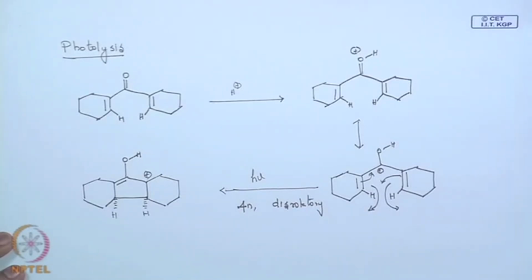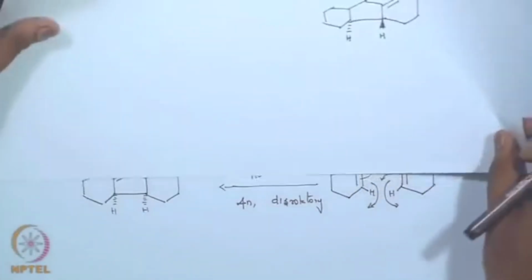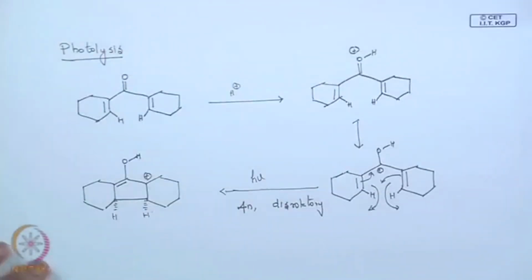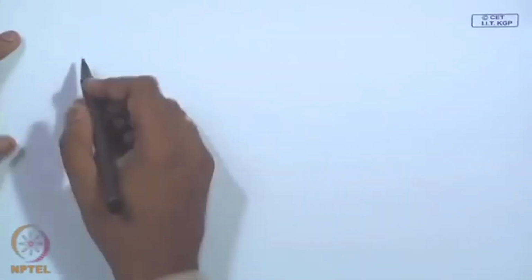You get this product. Now you see your hydrogens are entirely different from the one which you got from heating. This is what you got in heating, this is under photolysis. Then you know your other two steps which we can write now.